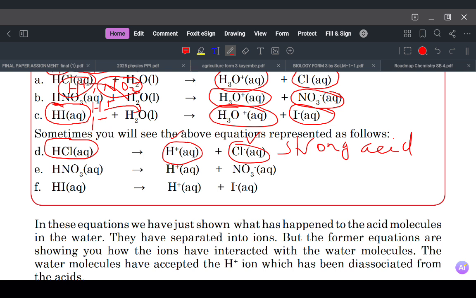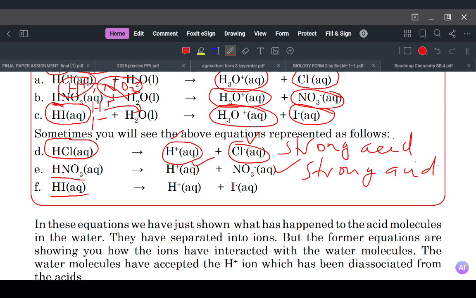Similarly, we can split nitric acid into hydrogen ions and nitrate ions completely free from each other. Therefore, this is also a strong acid. Nitric acid is also a strong acid.